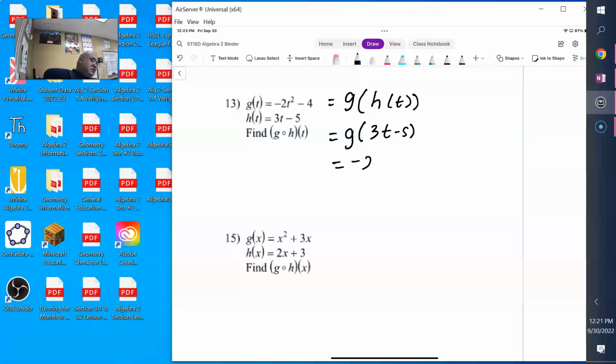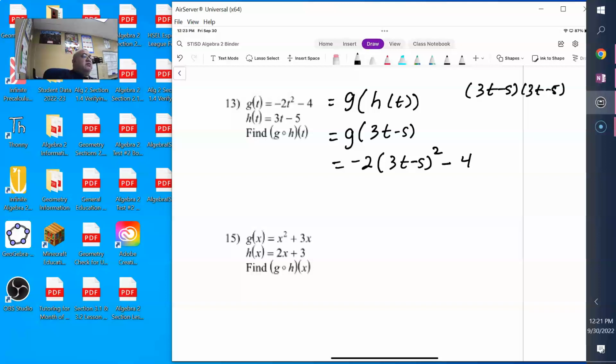So you have negative 2 times 3t minus 5 squared minus 4. What I'm going to do on the side is 3t minus 5 times 3t minus 5.